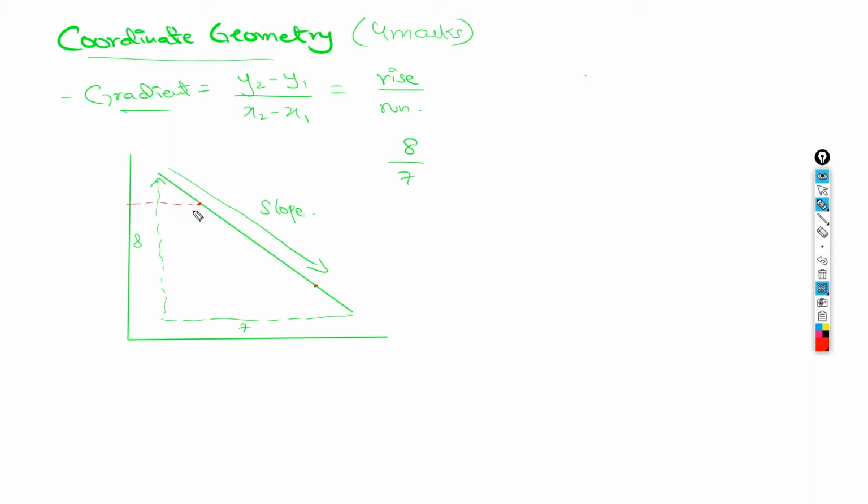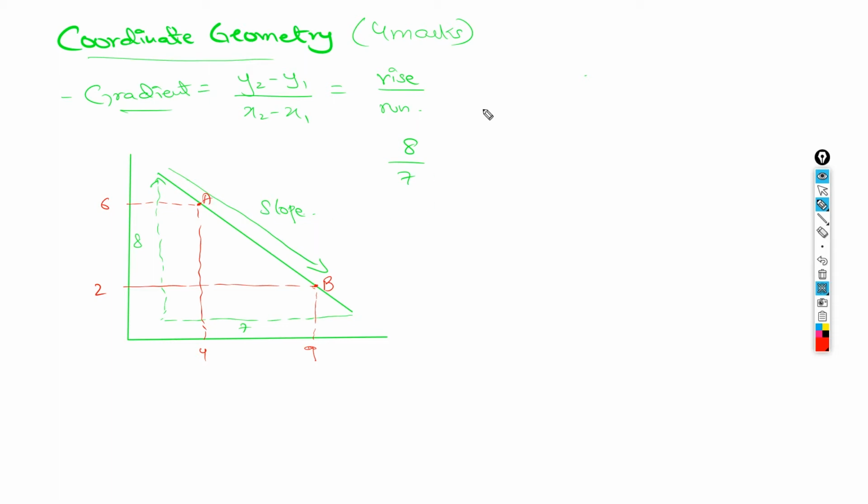So if they did tell you two coordinates, let's take one coordinate to be 4 and 6, and the other coordinate, let's take it as 9 and 2.